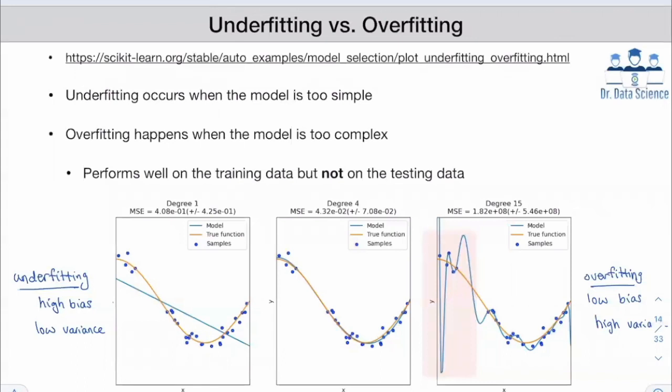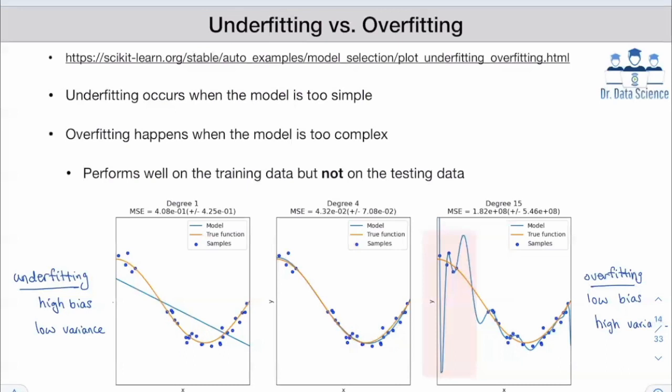And here we use something known as polynomial regression, meaning that we can use polynomial features and then apply linear regression to solve the problem, which will allow us to find nonlinear relationships in the data. On the very left side, we have a degree 1 polynomial, which means that it's just linear regression, a linear function that we are trying to find, this blue line.